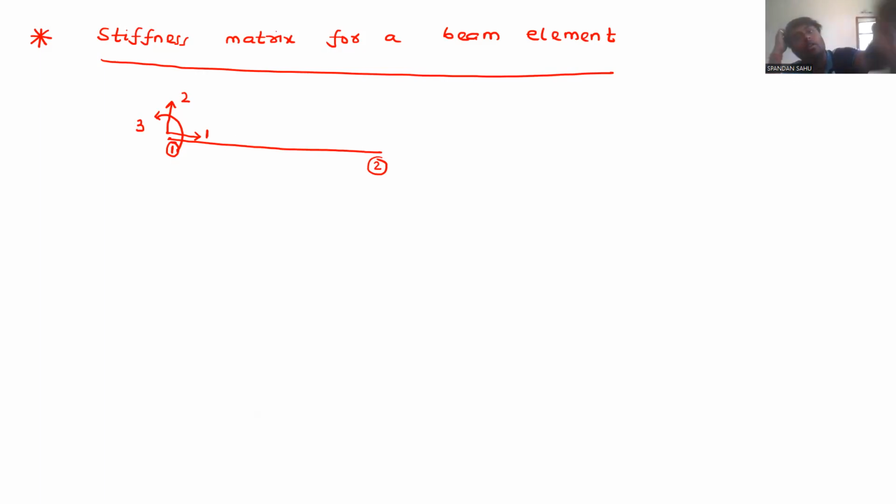If your movement or your forces are coming along that coordinate direction, it's okay, take it positive. Otherwise negative. Okay, let this be 4, 5, and let this be 6.